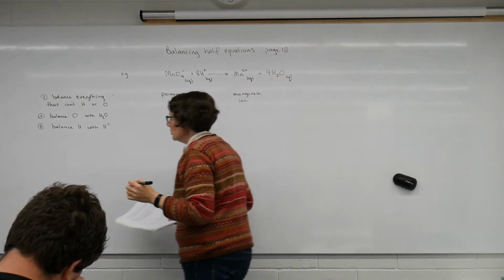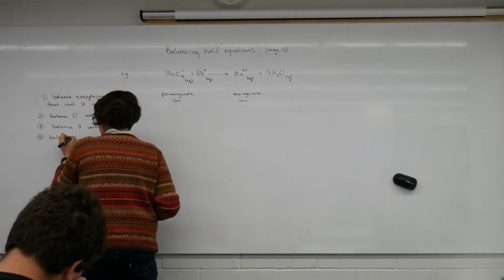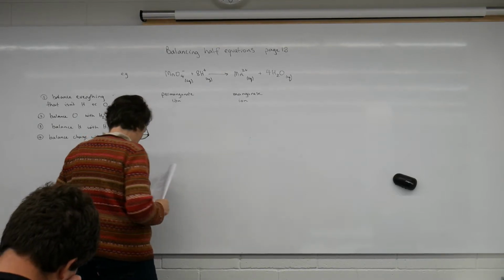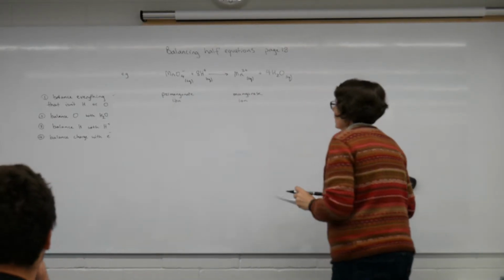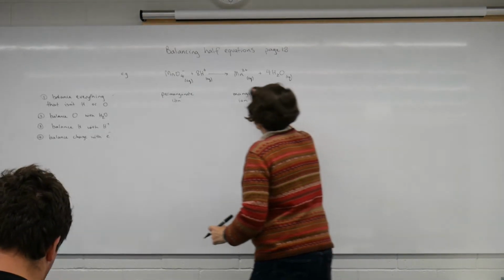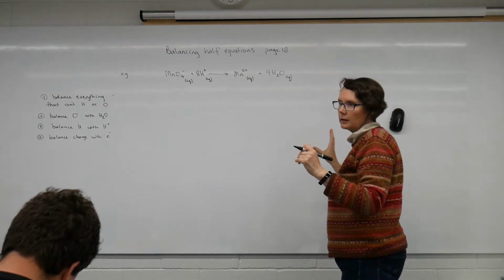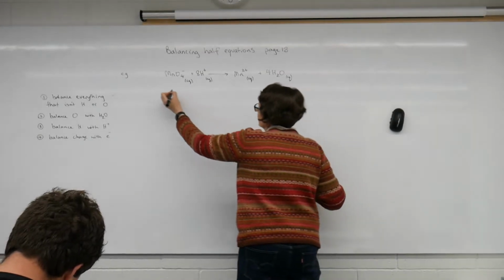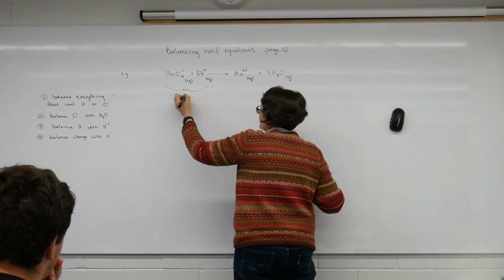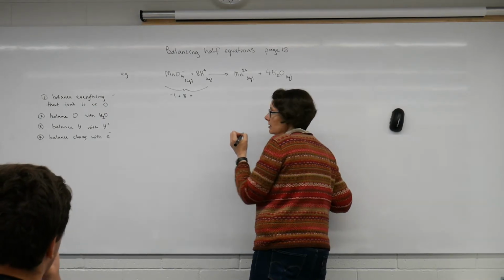And then we're going to balance charge with electrons. And this might be the place where some people get a bit confused. So if I look at this, I'm just counting charge on each side. What I have here is -1 plus 8 is going to equal 7, isn't it?